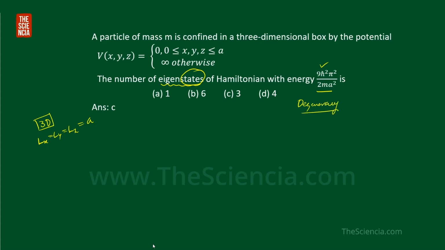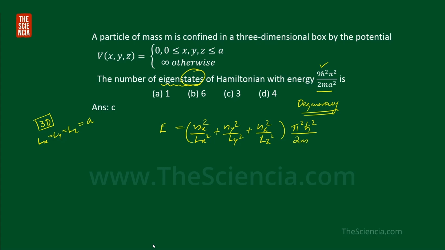First you have to consider the expression for energy for the 3D case, that is nx square by Lx square plus ny square by Ly square plus nz square by Lz square, into pi square h square by 2m.